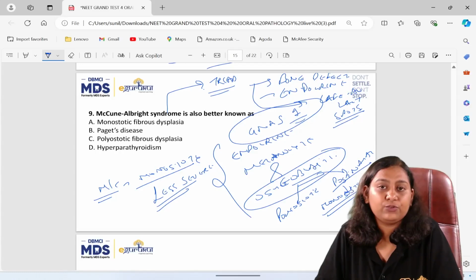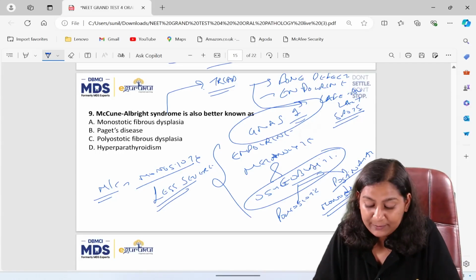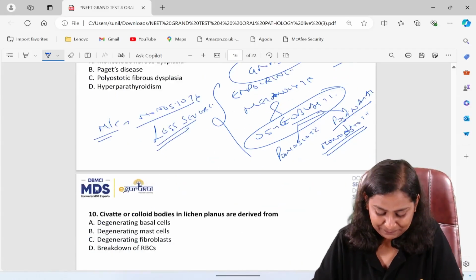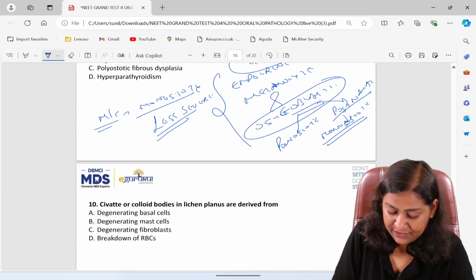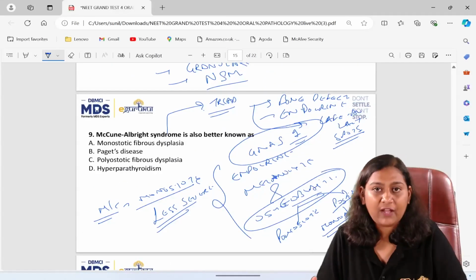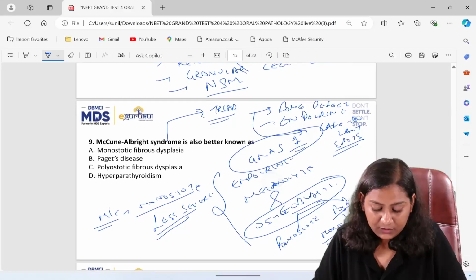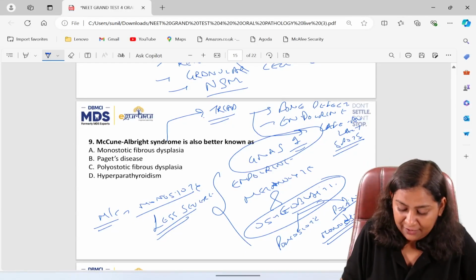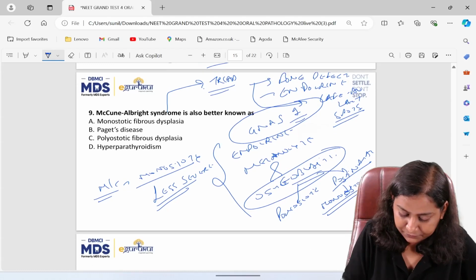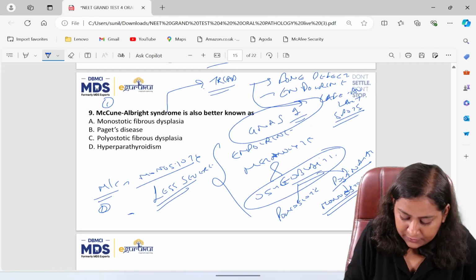Now, how these cafe-au-lait spots are different in neurofibromatosis, that you have to tell me. Okay. Now, there is something called Jaffe's type. So, polyostotic fibrous dysplasia consists of McCune-Albright syndrome, and Jaffe's type. Tell me, what is Jaffe's type?